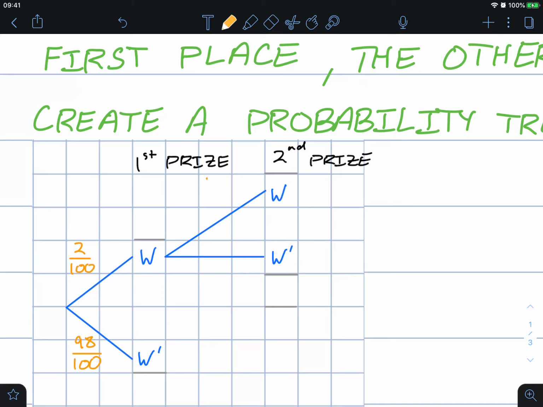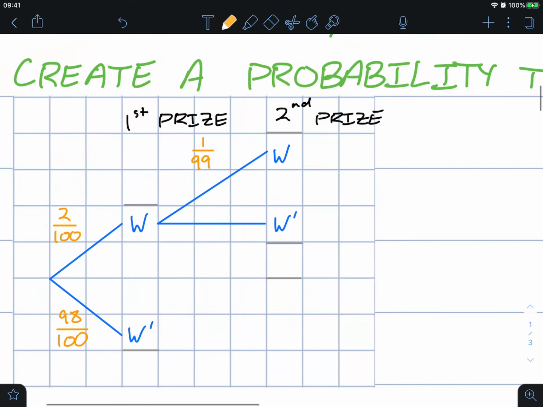So he has a total of 1 out of... Now, the 100, this is actually incorrect because in the first draw, a ticket has already been removed, one of them being his own. So there's a total of 99 tickets left, which means the probability that he loses is going to be 98 out of 99.